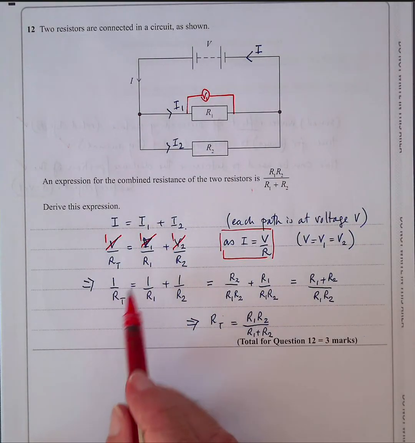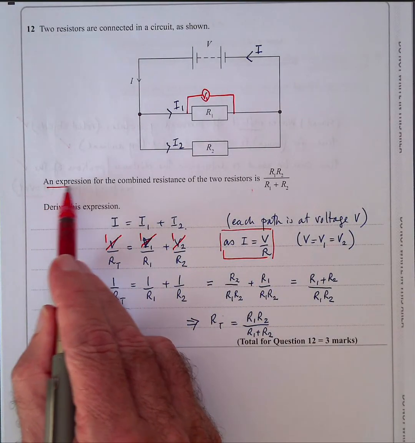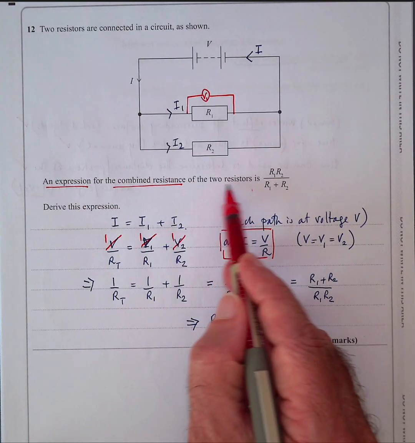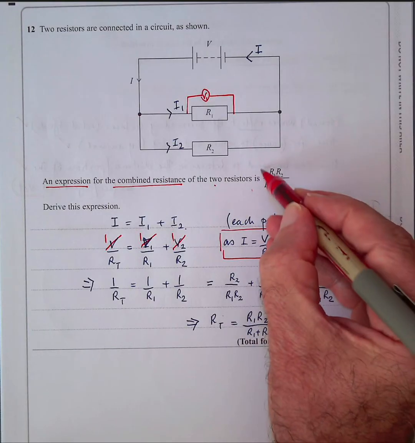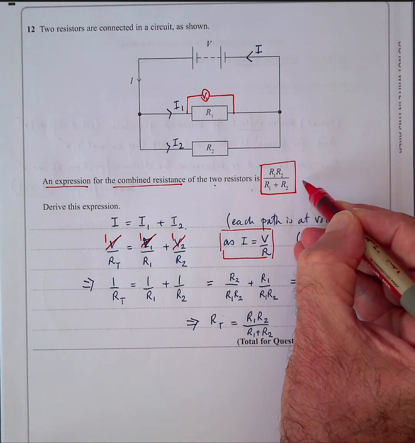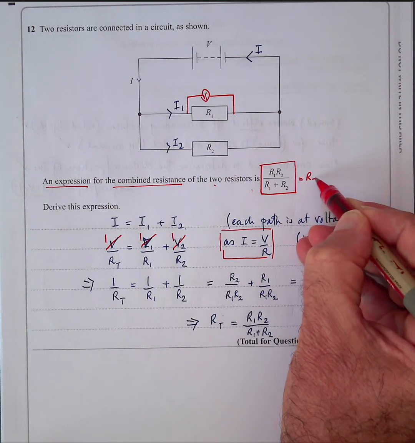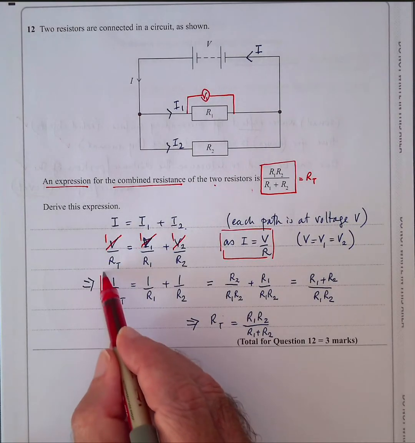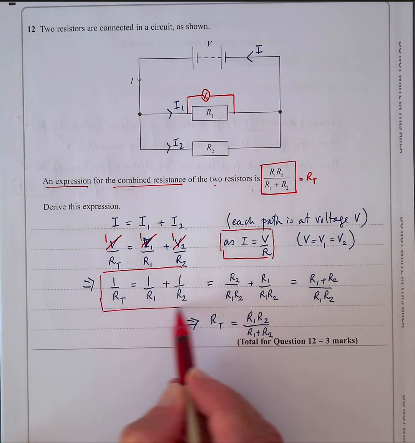So this is what they want us to derive: an expression for the combined resistance, and show that it can be shown to be equal to that. The combined resistance, let's call it RT. Well, we know this is the normal equation that students in GCSE learn.